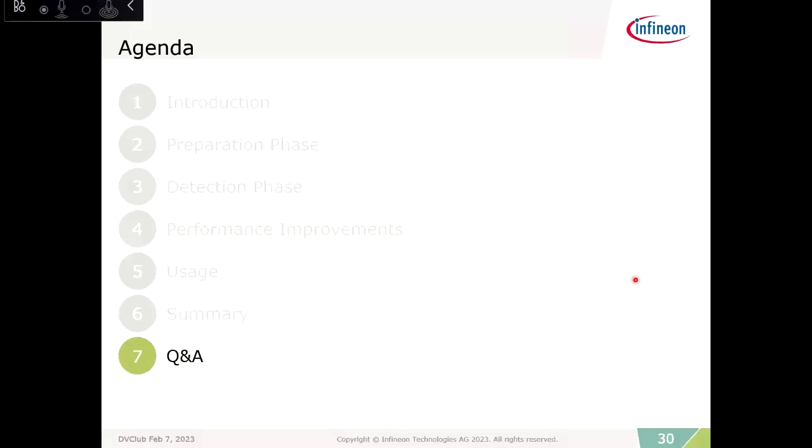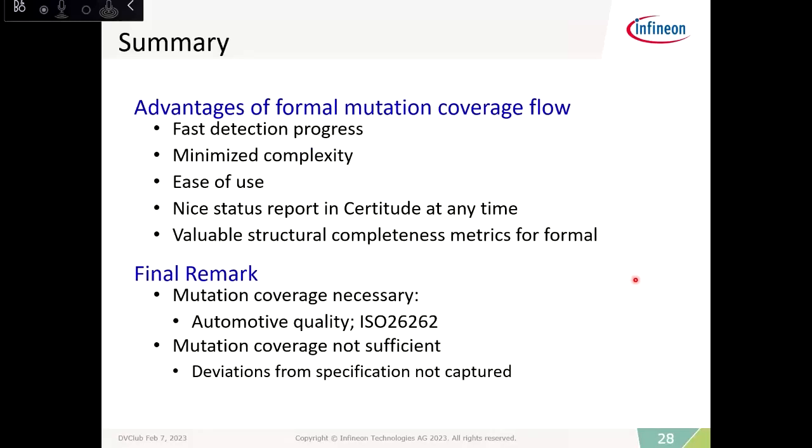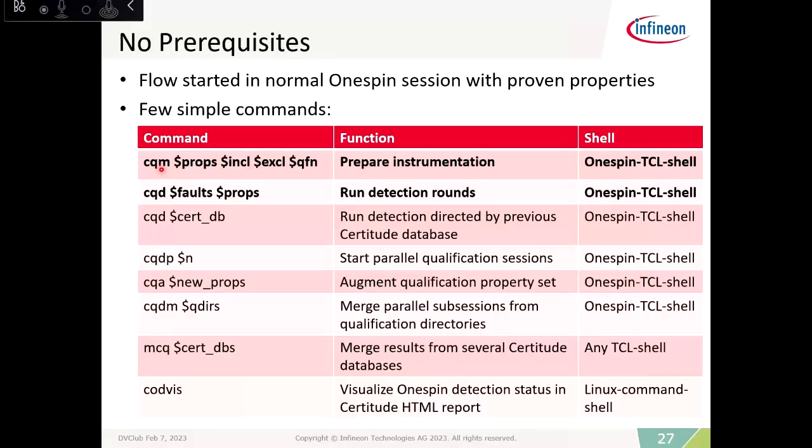And does the user of the flow need any specific knowledge on top of what was needed for formal property checking of the verified module? Now, as I tried to explain on this slide, you can use very simple user commands, which are fully automatically supported by procedures, which do all the setup of Certitude in the background.